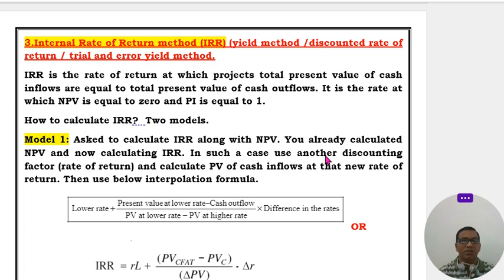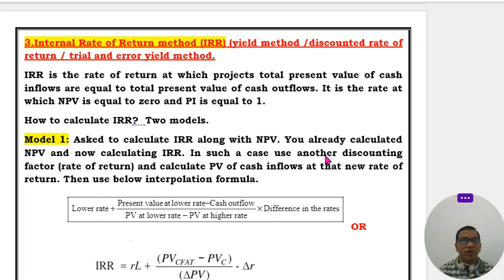That is model 1. In such a case you can apply an interpolation formula. First of all we check the NPV calculation, and you see what the value of NPV is. Based on NPV you will make a decision.